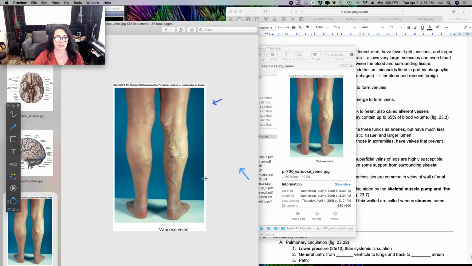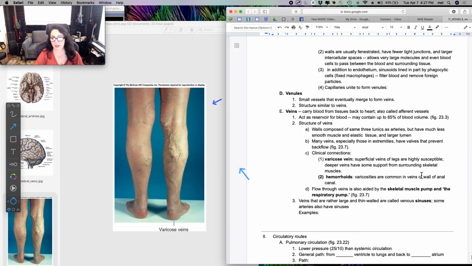Sometimes the valves can get really weak and you get these varicosities. It especially happens in the superficial ones because there's not as much skeletal muscle to squish the blood up. There's a genetic predisposition for this, and of course if you are standing and not walking a lot, you are more likely to get varicose veins. So there's some varicose veins for you, and they can get painful when they get big like that.